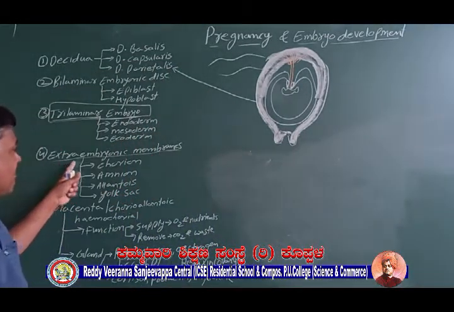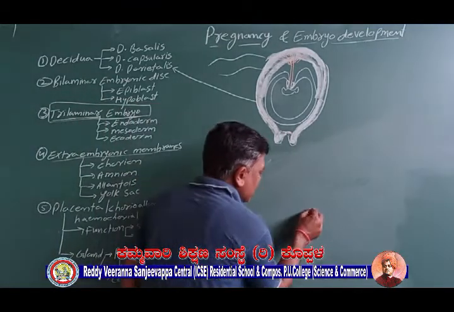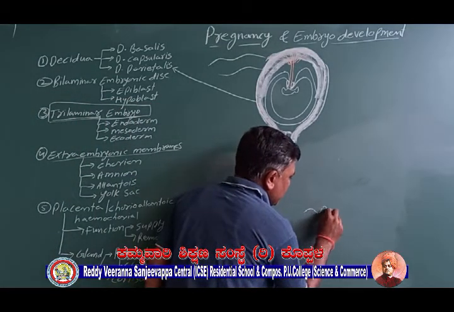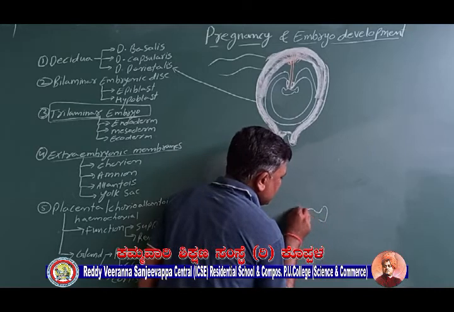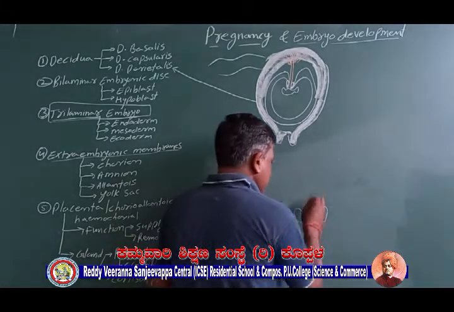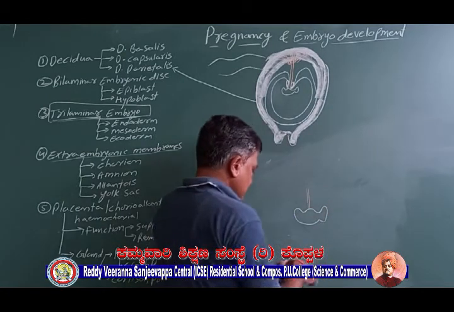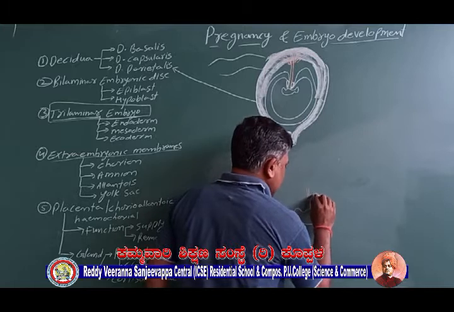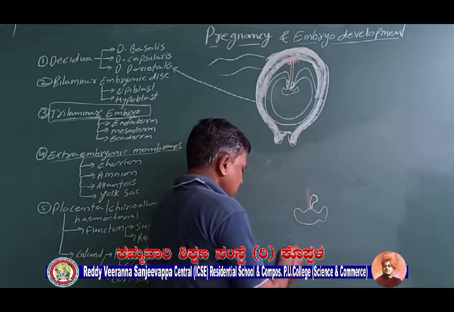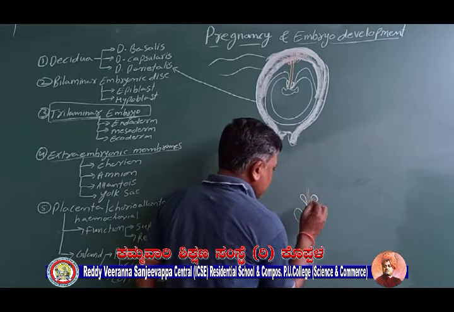Now, what are the extra embryonic membranes? Now, I will take this in detail here. So, this is the embryo. Clear? Now, this embryo is attached, this is one. Here there is one sac-like structure. Here also there is one sac-like structure.